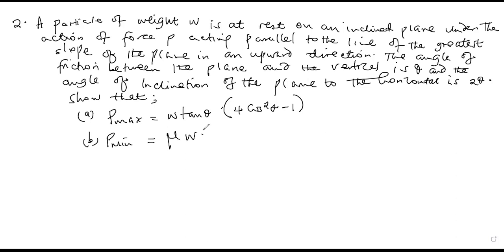We are given that the particle is of weight W. Well, if the particle is of weight W, it's these proofs that make us understand the general thing about this plane.